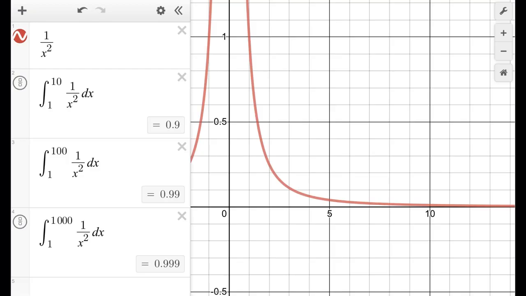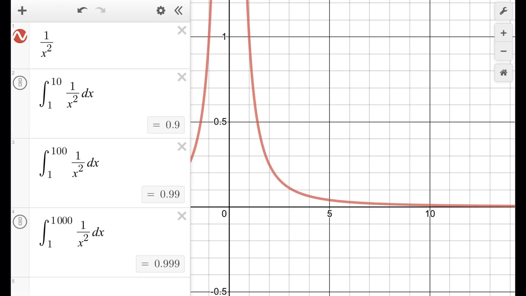So let's take a look at the graph, kind of like what we did on the previous problem. This is the graph of 1 over x squared. We do have a vertical asymptote at x equals 0. So what we are looking at, though, is the integral from 1 to infinity.